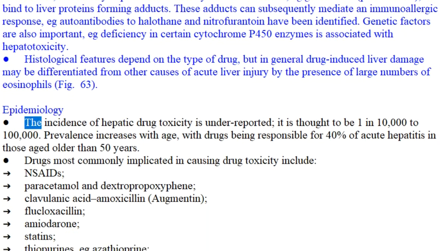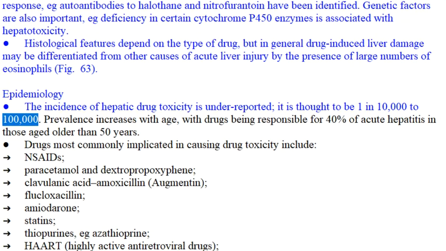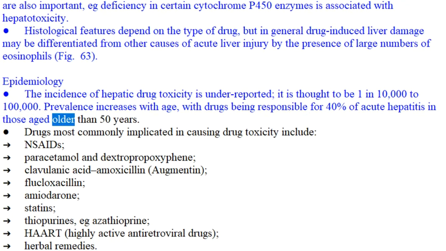Epidemiology. The incidence of hepatic drug toxicity is underreported. It is thought to be 1 in 10,000 to 100,000. Prevalence increases with age, with drugs being responsible for 40% of acute hepatitis in those aged older than 50 years.